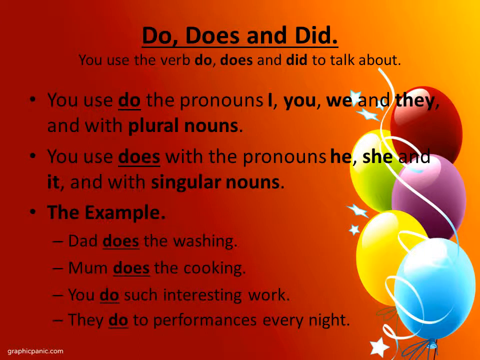You use does with the pronouns he, she, and it, and with singular nouns. For example: Dad does the washing. Mom does the cooking. You do such interesting work. They do a true performance every night.